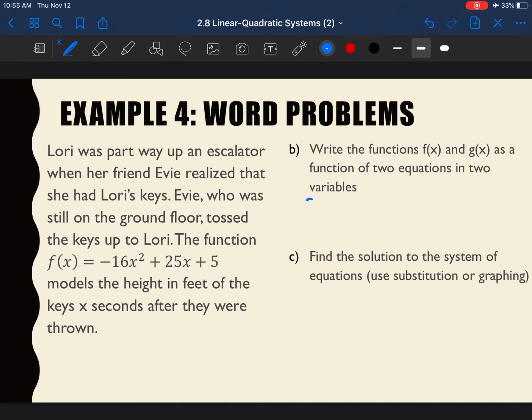So then if we change it, the keys in the air is y equals -16x squared plus 25x plus 5, and then Lori's hands moving as she moves up the escalator is y equals 9 plus 0.75x.